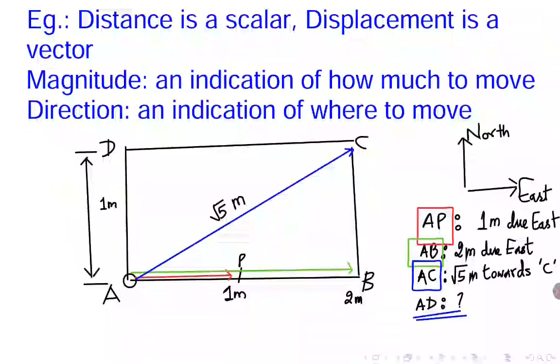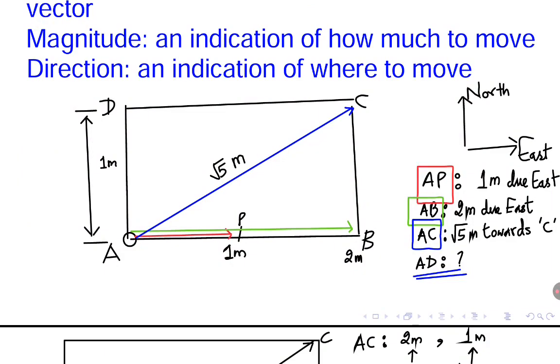For example, consider this diagram over here. Let us say initially you are at point A. Consider you are standing on a football field which is a rectangle given by A, B, C, D. This is actually not a football field, because the units here are of 1 meter, 2 meter, and a football field is much larger.